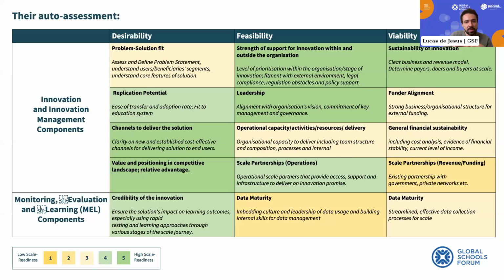So you can find, following the color patterns here, their scores, and highlighting two main objectives that you can see from these scores. One is helping them to reflect on their priorities.